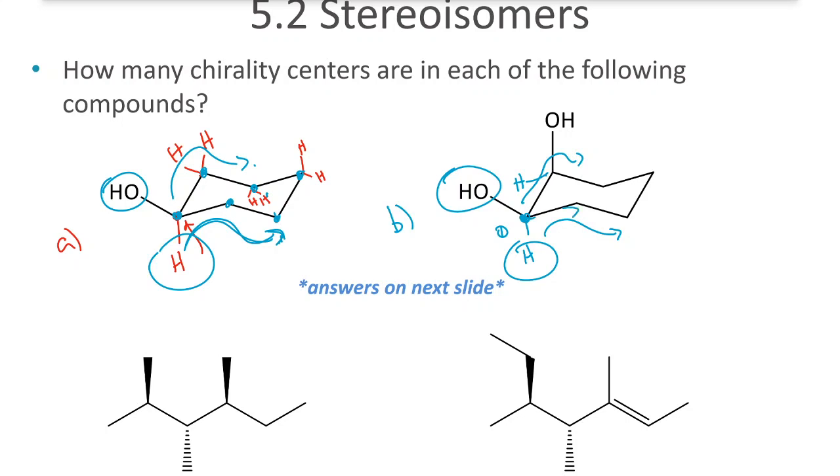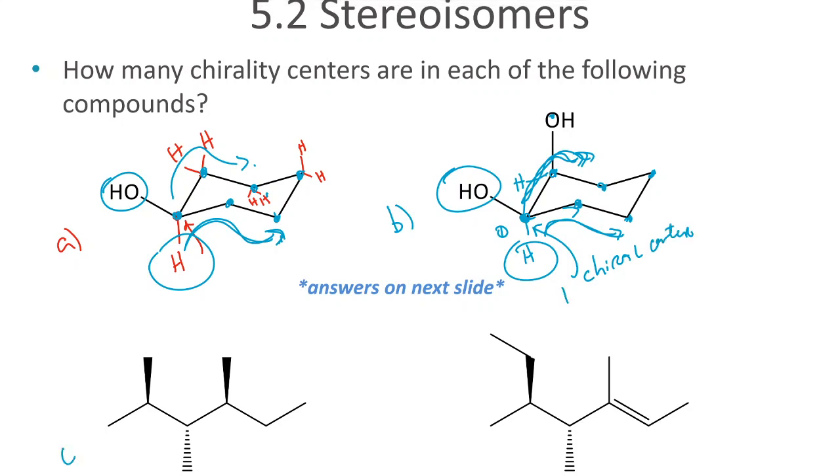As I go this way, I've got carbon, carbon, carbon, and as I go this way, I've got a carbon with an OH group and then a CH2, then a CH2. So on the lower path, I've got CH2, CH2, CH2. On the upper path, I've got CHOH, then CH2, then CH2. So these paths are different, therefore that is a chiral center. There's one chiral center in that molecule.